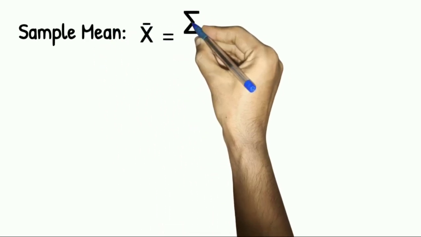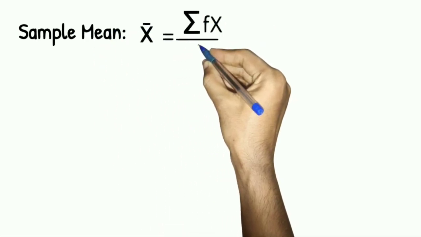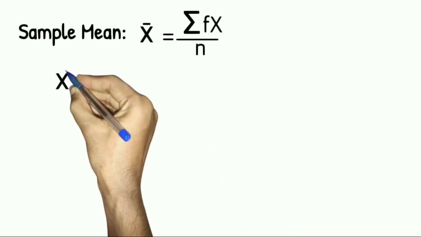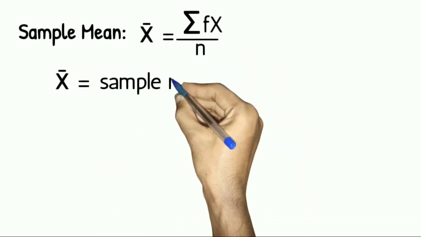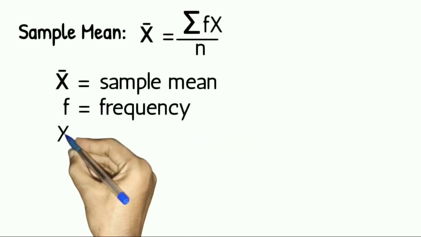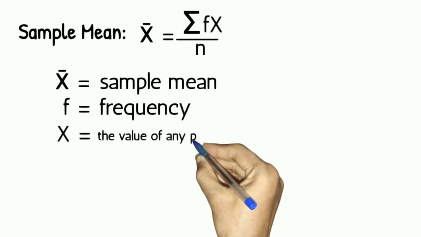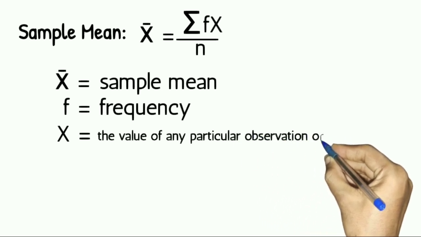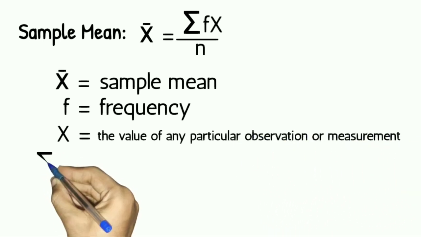Just like the mean for ungrouped data, dito sa mean for grouped data, meron din tayong sample mean at population mean. The sample mean formula is as follows. The x bar is the sample mean, f is the frequency, x is the value of any particular observation or measurement.